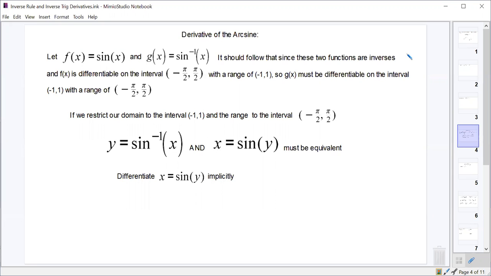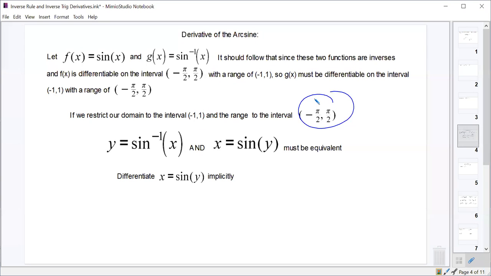So inverse sine has a domain from -1 to 1, and it has a range from -π/2 to π/2. So whenever you plug in a number to inverse sine, you always get out an angle that's in the first or the fourth quadrant, that's between -π/2 and π/2.